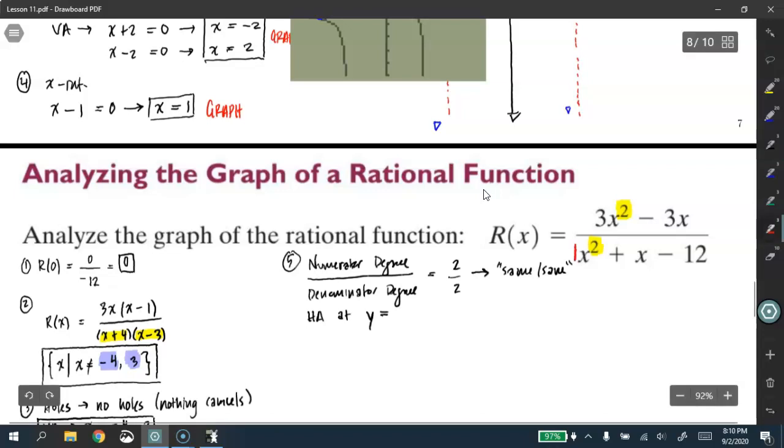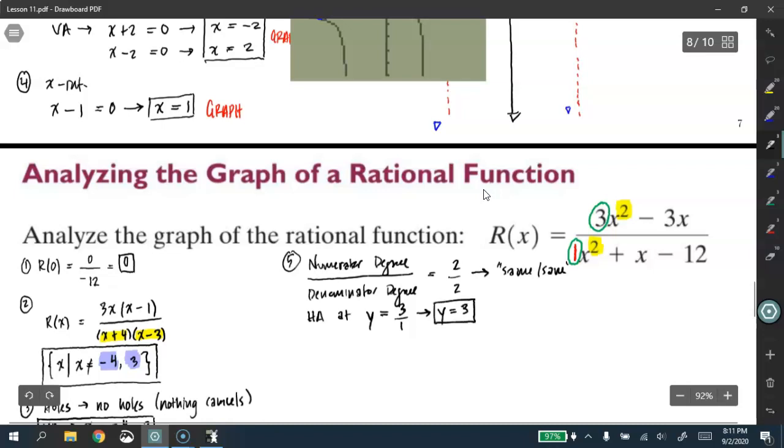So notice the coefficient in front of the numerator is 3 because it belongs to the x squared, and 1 in the denominator because it belongs to the x squared in the denominator. So you make a ratio between them and you write down y is equal to 3 over 1. And so we conclude that our horizontal asymptote is at y equals 3.